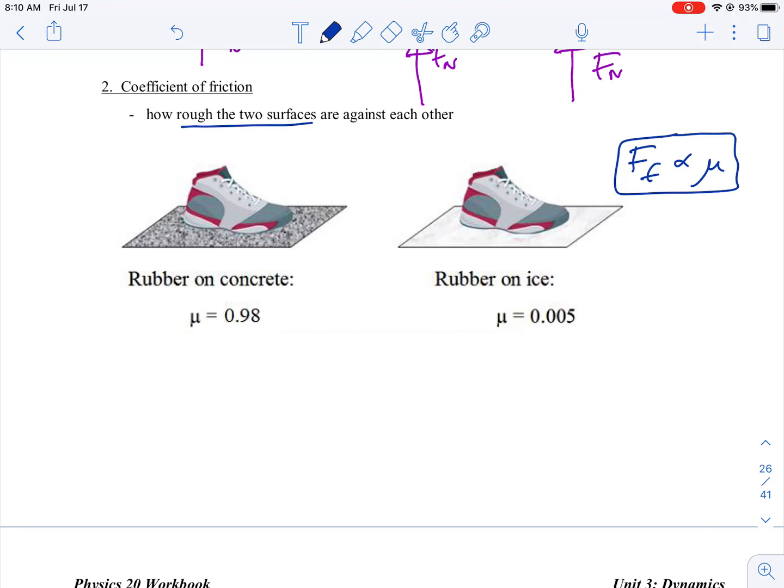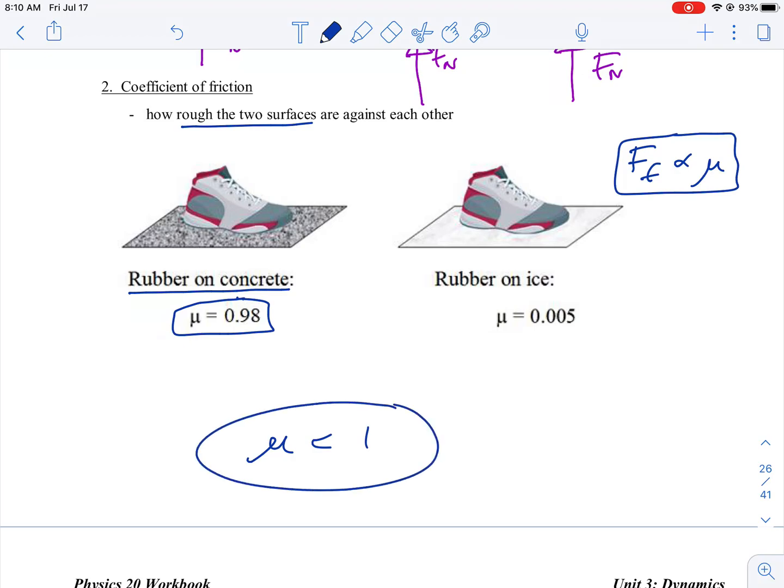For example, if you have a basketball shoe on concrete, rubber on concrete, then they have a coefficient of about 0.98. And by the way, mu should be less than 1. So this one is really close to 1, which means an extremely high value for the coefficient. That's because the two surfaces are extremely rough, and so you get extremely good traction when you put a basketball shoe on concrete.